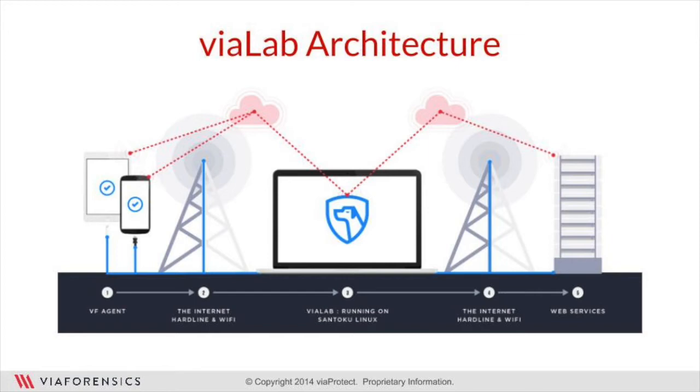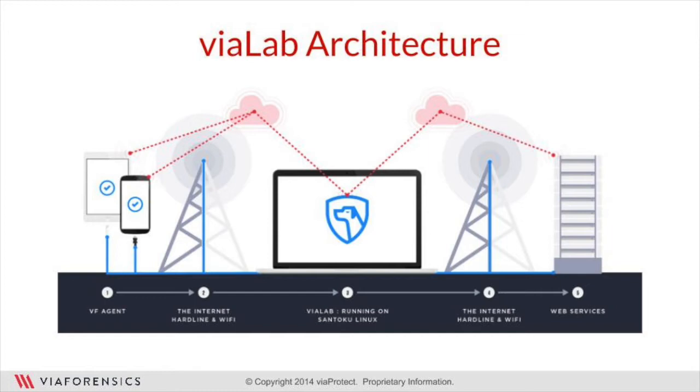But basically, viaLab is a software that runs on this operating system, and you're going to connect your mobile devices to the VM, to viaLab, so that we can test the applications that are installed on those devices. We also have what we call viaLab agents. So this is basically an application that we developed internally that we install on those devices automatically.